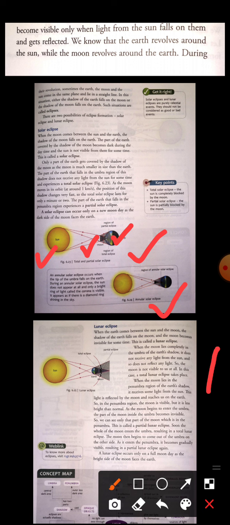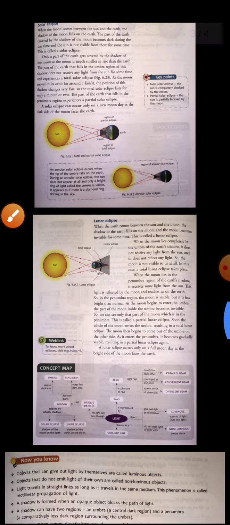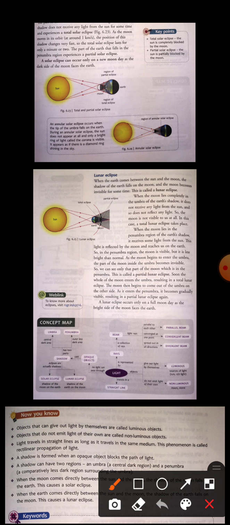Now the question is, what is a lunar eclipse? We get a lunar eclipse when the earth is in position between the moon and the sun. Here two types of lunar eclipses take place, one is total and another one is partial.